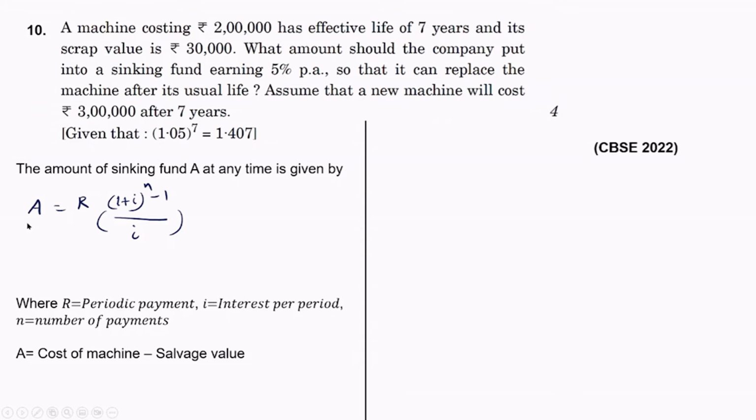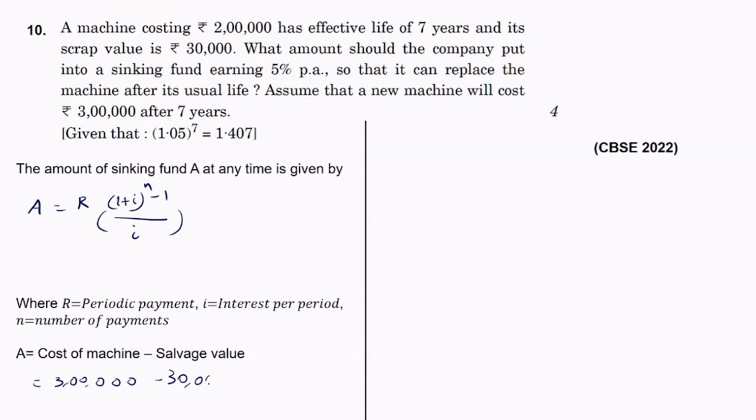Here we have the amount in the sinking fund A as cost of machine minus salvage value. Here the cost of the machine at the end of 7 years, the new machine will cost rupees 3 lakhs. And salvage value is the value of this existing machine. So it has a scrap value of 30,000.